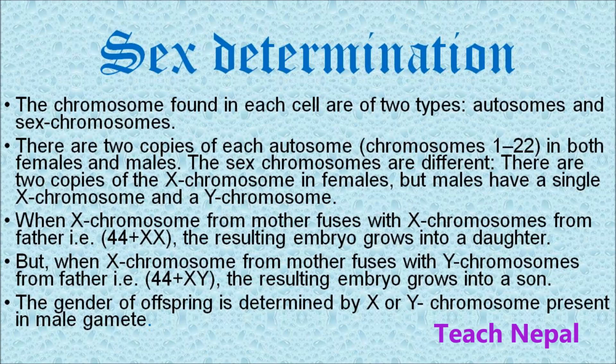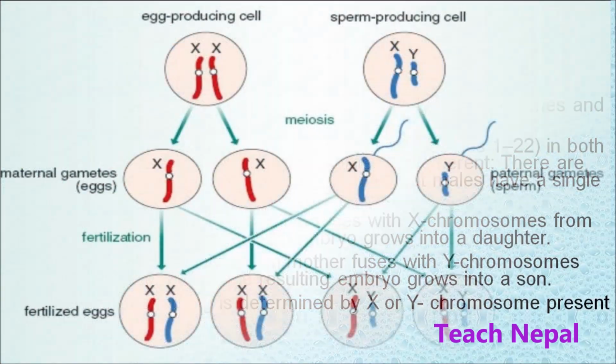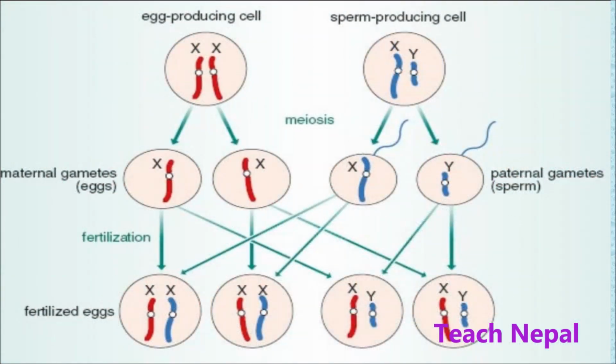By this, it is clear that the gender of a newly born baby is determined with the help of the X or Y chromosome present in the male gamete. If the X chromosome of the male gamete fuses with the X chromosome of the female gamete, then the newborn baby will be a girl child, and if Y fuses with X, then the newborn baby will be a boy child.